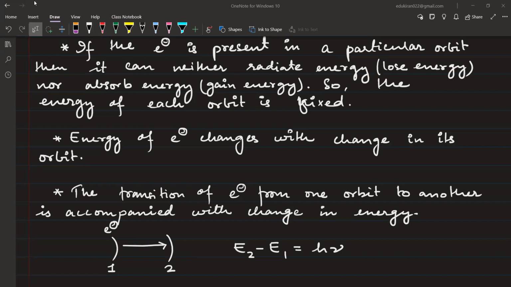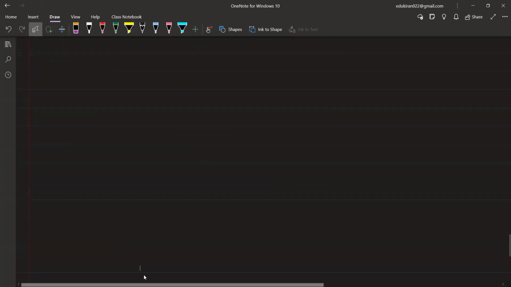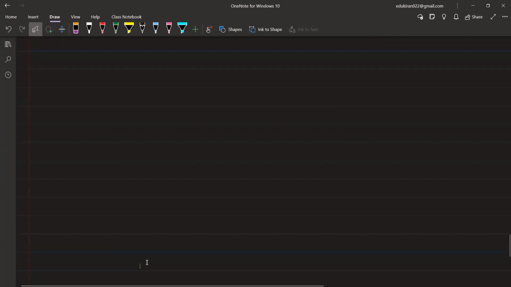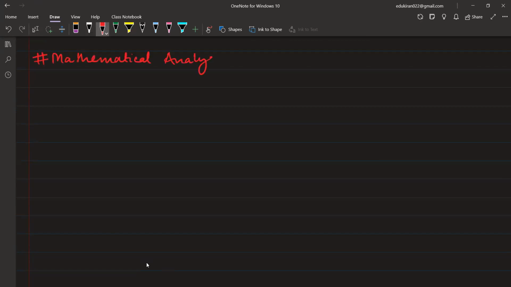Now, there are a few things regarding Bohr's model जो हमको देखना है, and इसमें आप लोग लिखिएगा mathematical analysis of Bohr's model. ठीक है?